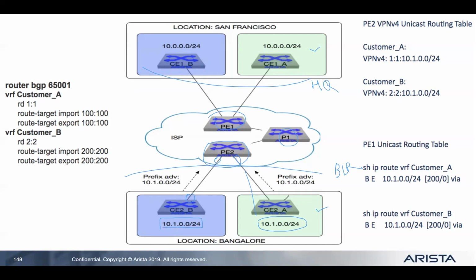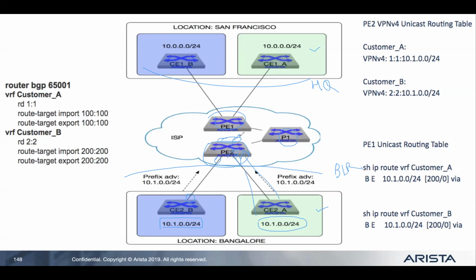So what we are going to do is they will advertise that to the PE device. This route will be installed in this particular VRF for 10.1.0.0. Then it will be advertised as a type 5 route, which will first come into the global EVPN routing table.